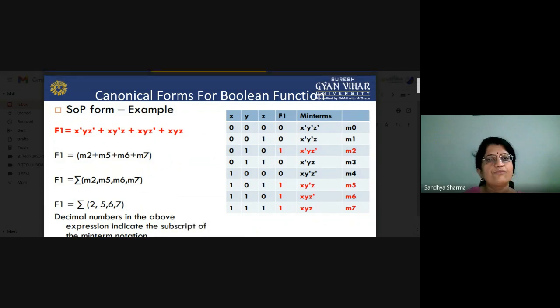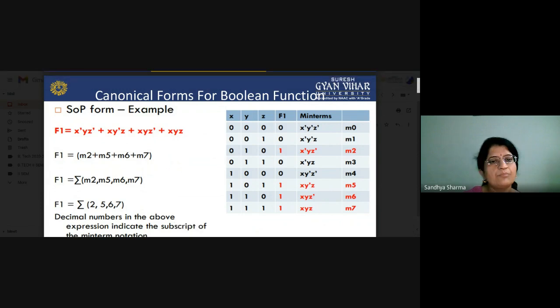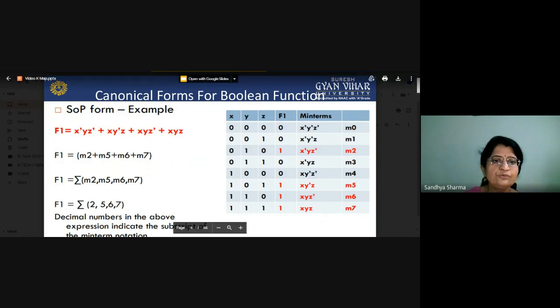These are the four combinations for which the function is 1. You can also write this as a summation. Instead of writing M2, M5, M6 and M7, you can write it as the sum of 2, 5, 6 and 7, indicated over the range 1 to 8.